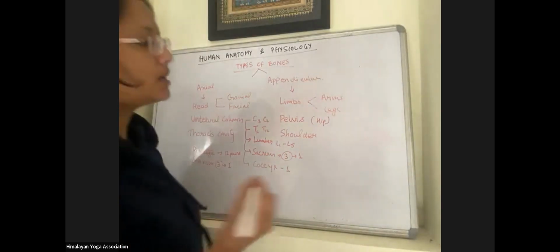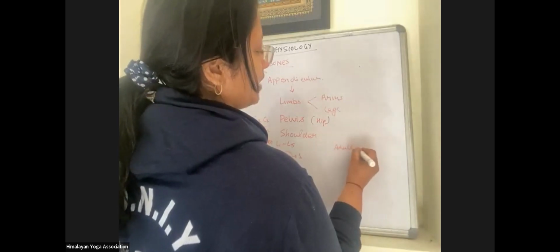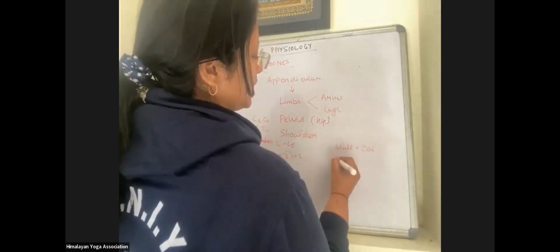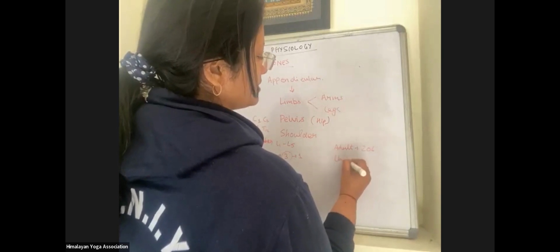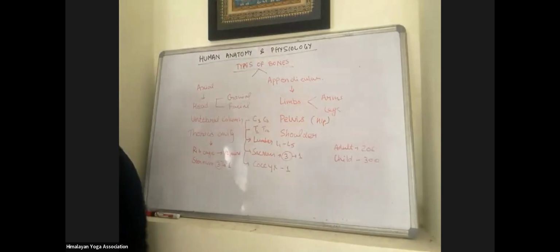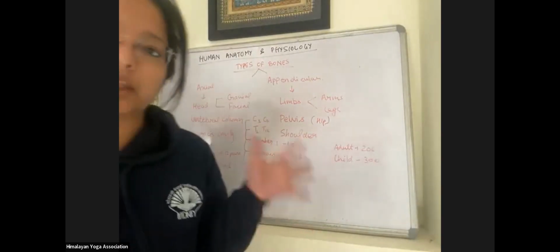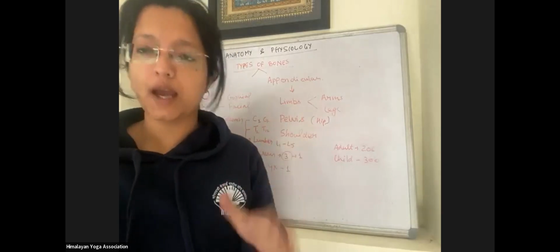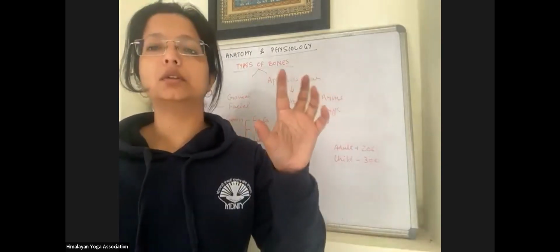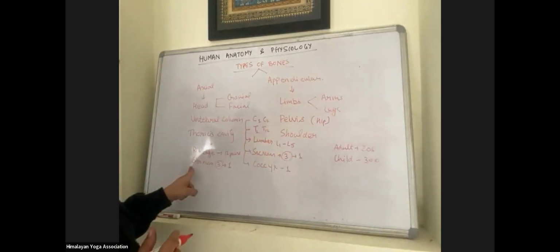So we studied the concept of an adult having 206 bones. A child has 300 bones. Why? This happens because these bones start getting fused as the person ages. We see an example here, the sternum.